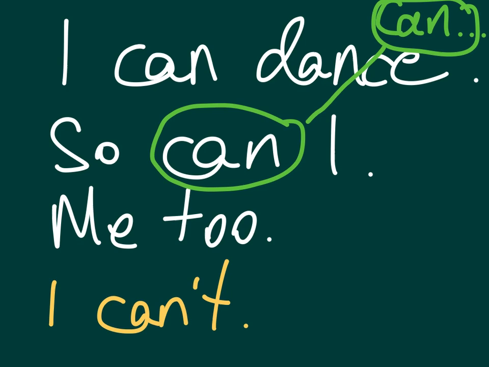Here we have it. "Can you dance?" "I can dance." "So can I." Again, you don't have to do it if you're using "me too," but "me too" tends to be a little less formal. And if you're contradicting it, again, you have to use can. So, "I can dance." "So can I." "Me too." "I can't."